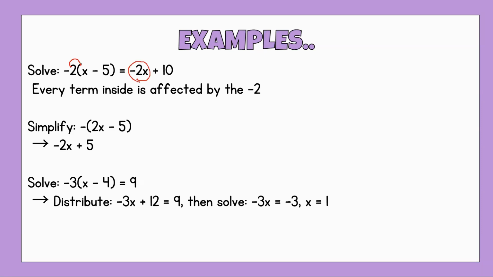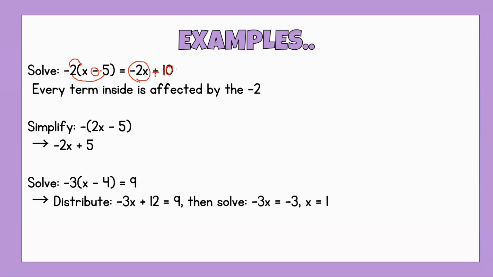But minus 2 into minus 5, that is a minus just right in front of the 5, right? So it will become minus 5, and minus 2 into minus 5 is a plus 10. So that will give you your answer. And see, every term inside the parentheses or the brackets is affected by the negative 2.